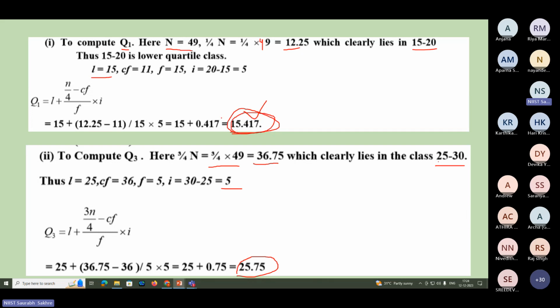That is the interpretation I will make. And if 25% are less, it means the other 75% of students are having marks greater than 15.417.